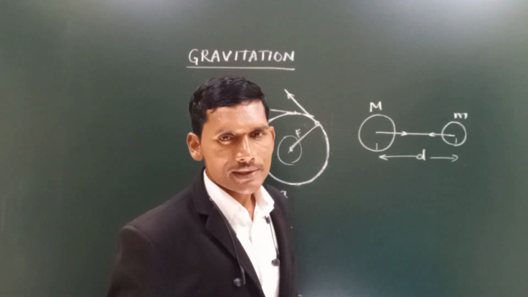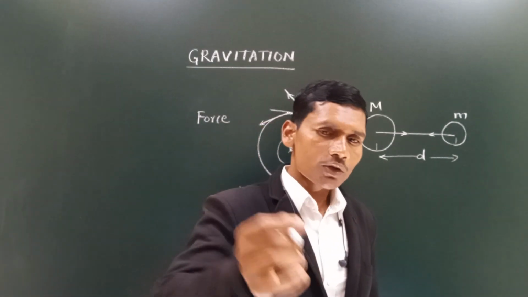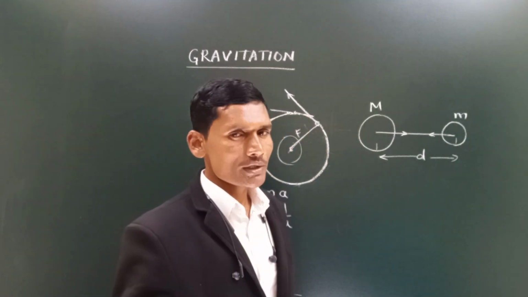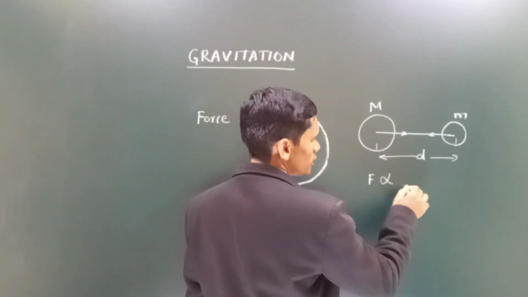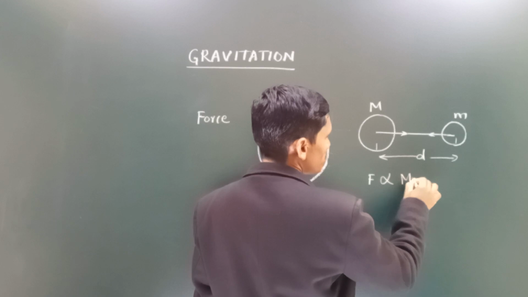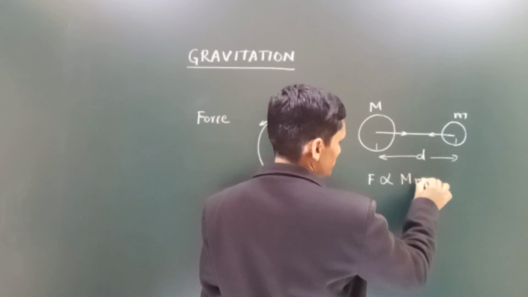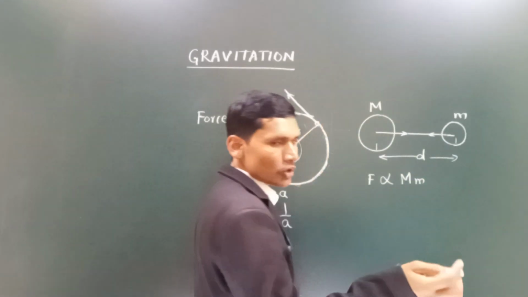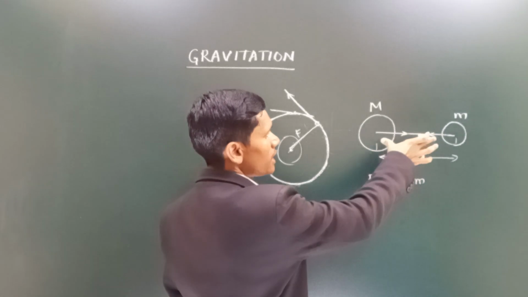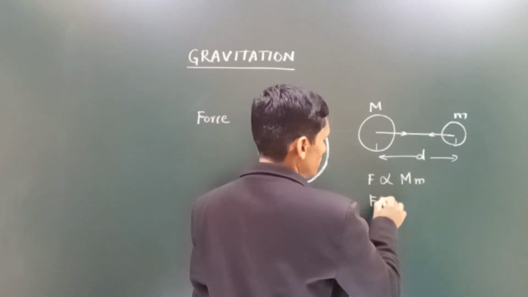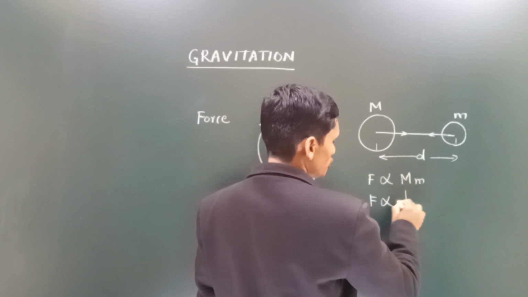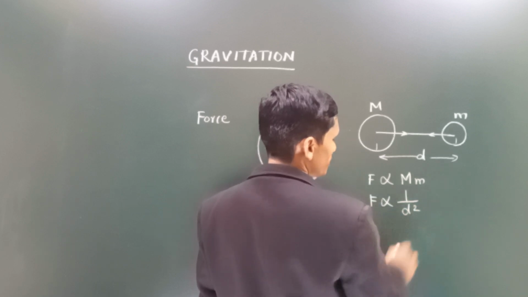Every object in the universe attracts every other object with a force which is proportional to the product of their masses, meaning the product of the mass of the two objects, and inversely proportional to the square of the distance between them.